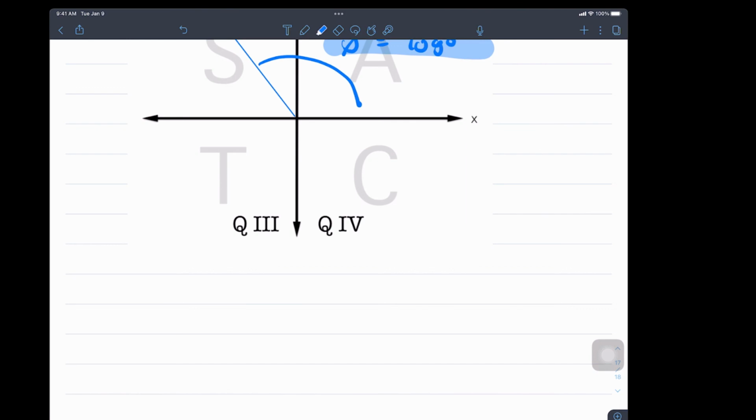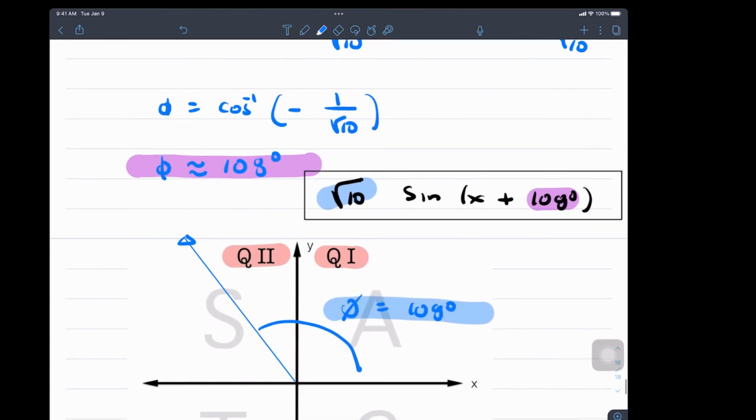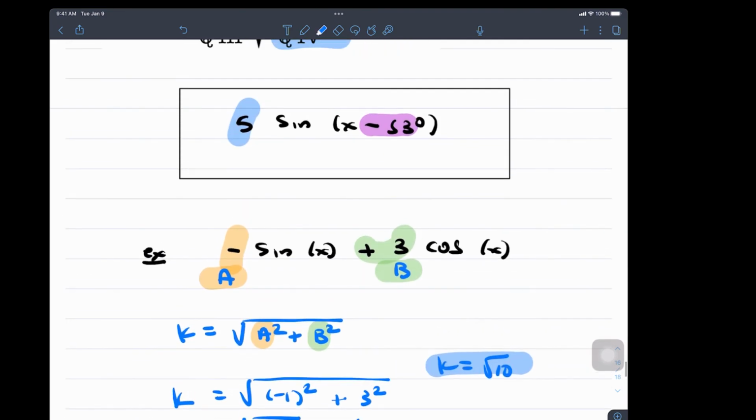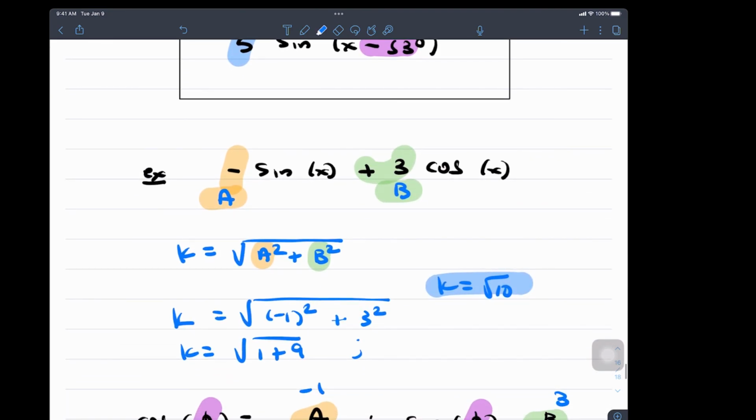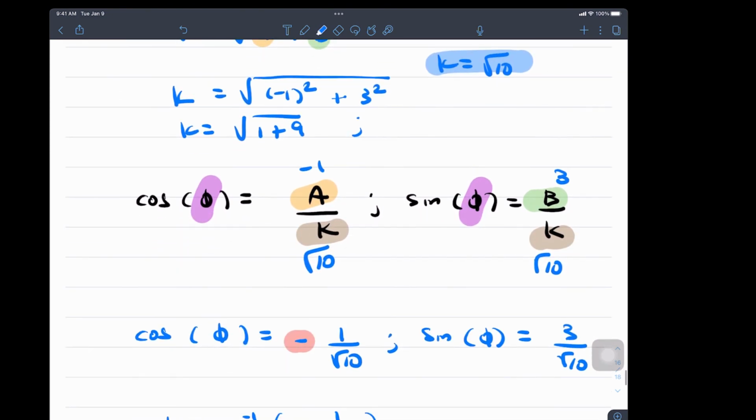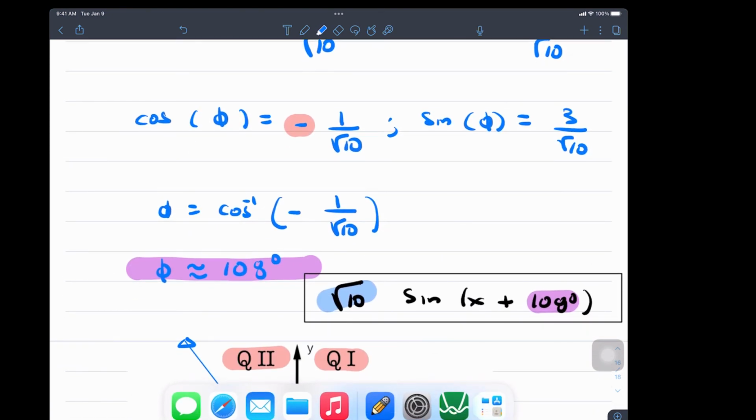You guys can prove it. Let me share this with you guys. Just look at the graphing. Minus 3 sine plus 3 cosine, right?